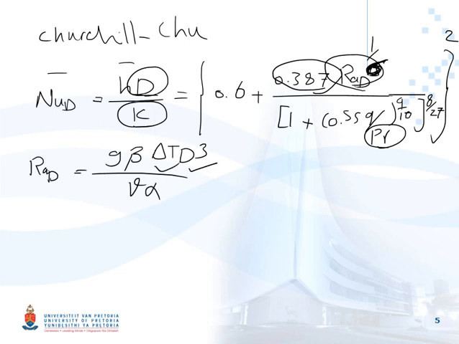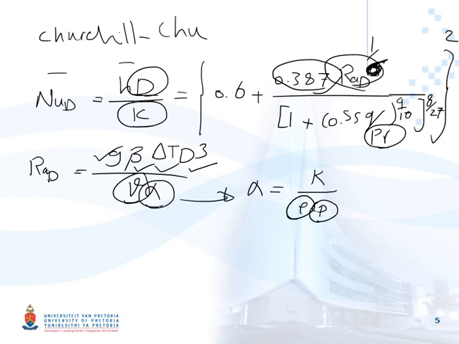Again, D we have, delta T we have, beta and g we know. What is this alpha? We know that alpha is equal to K divided by rho Cp. Cp we have, rho we have, K we have, so we find this one.